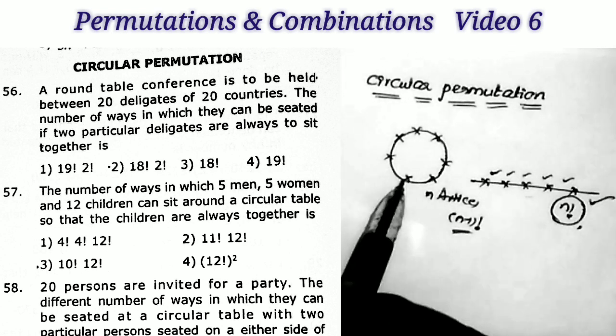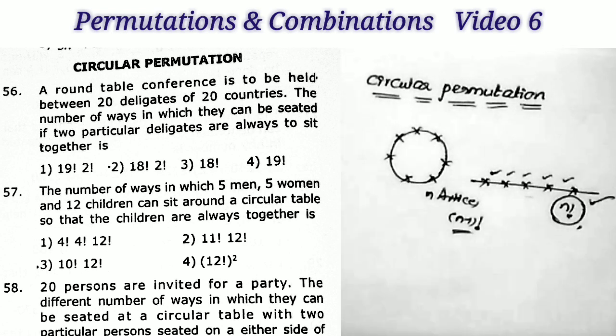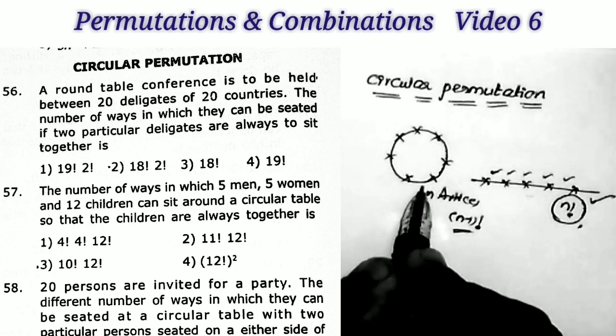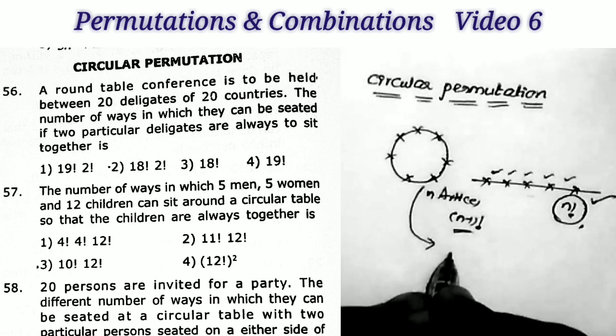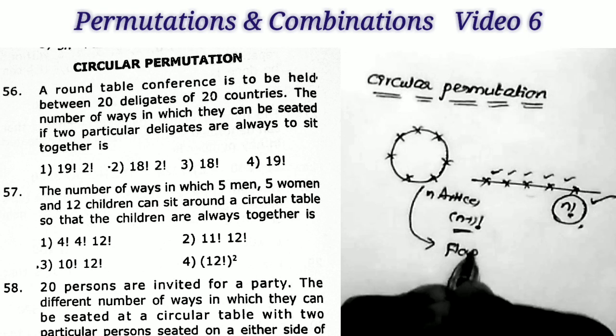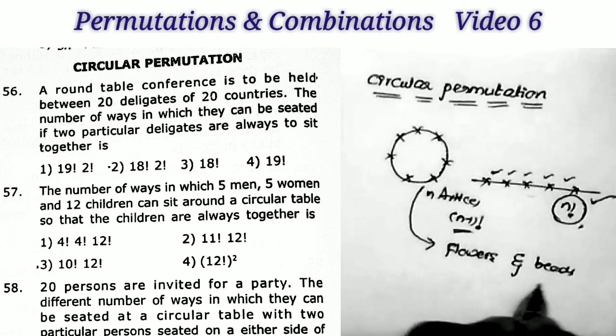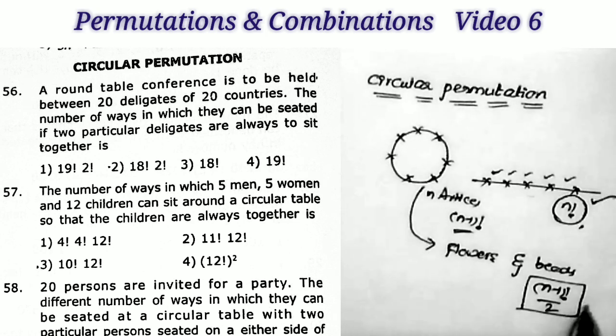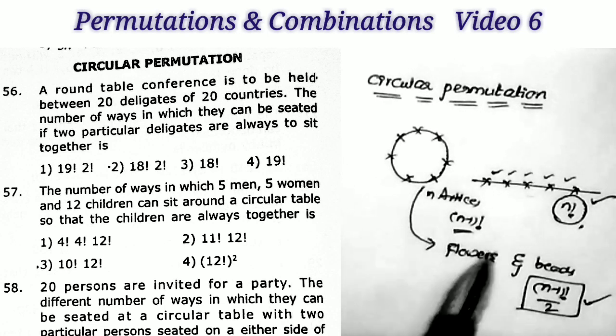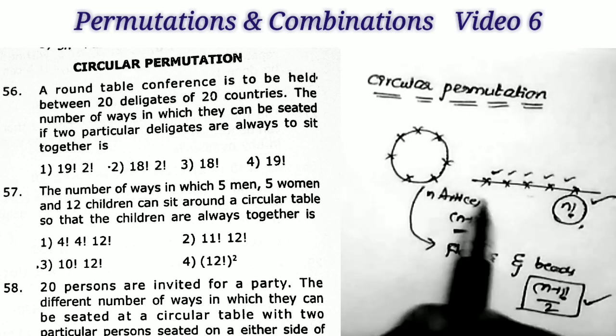And the special case is in case of flowers and beads. In case of flowers and beads, we use the formula (n minus 1) factorial by 2. Other than that, we take the formula (n minus 1) factorial.